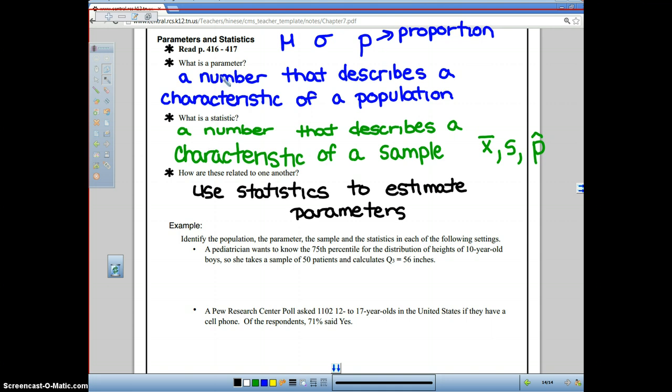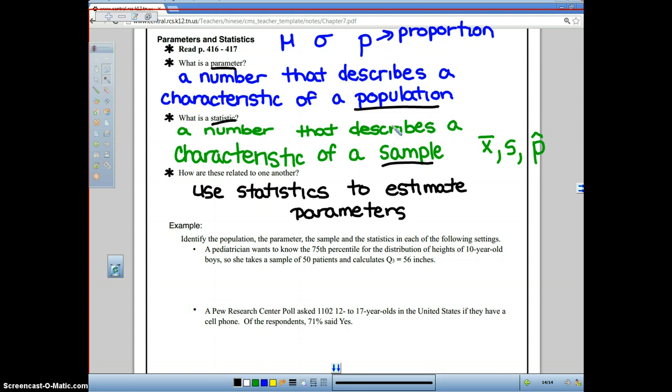Always remember the people who developed these vocabulary words were very nice to you because they tried to make it easy for you to remember which one's which. Parameter, population, P and P; statistic, sample, S and S.